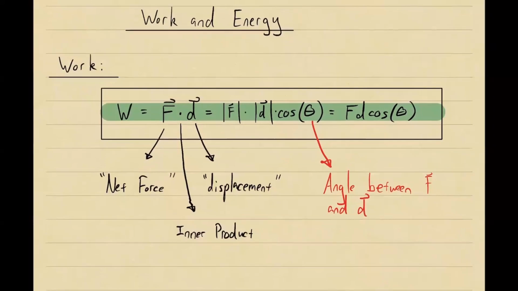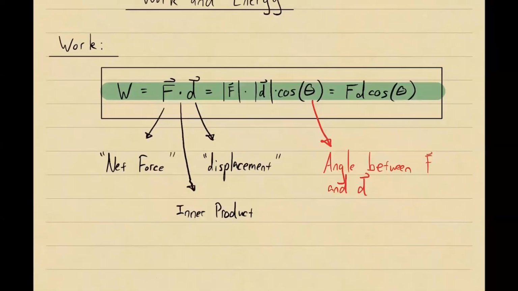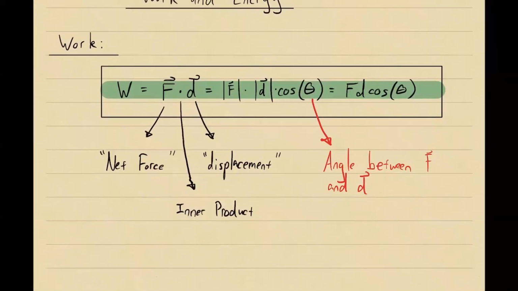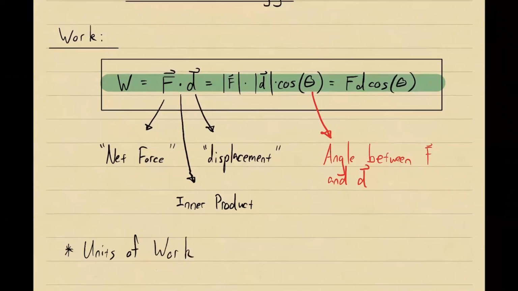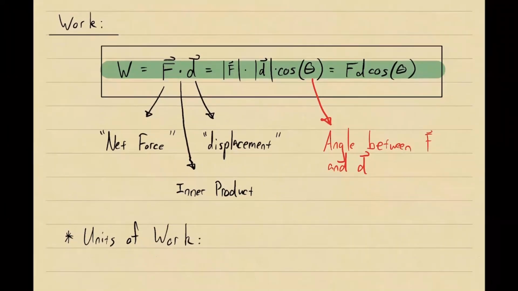So the units of work are newtons times meters, right? Because if we look at our definition for work, it's equal to F D cosine theta, right?